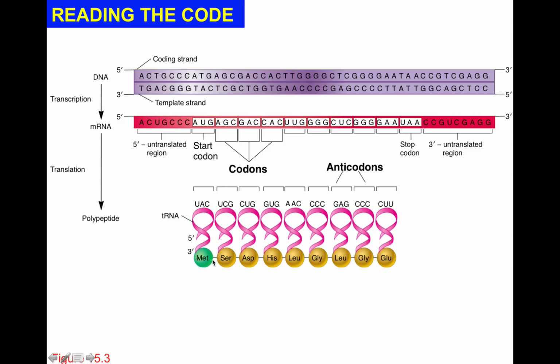The tRNA brings in an amino acid, one amino acid for each codon, and the anti-codon portion of the tRNA is complementary to the codon.